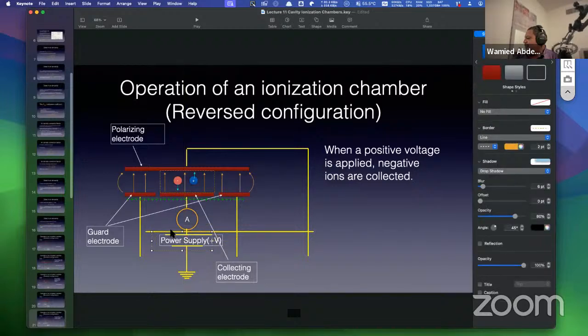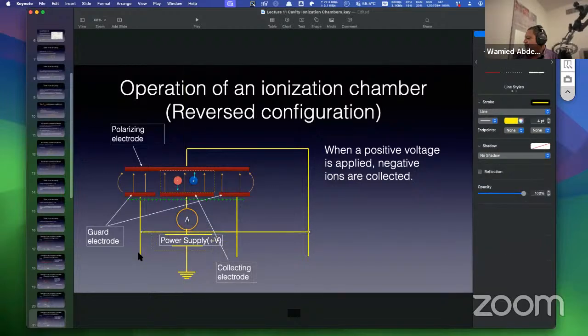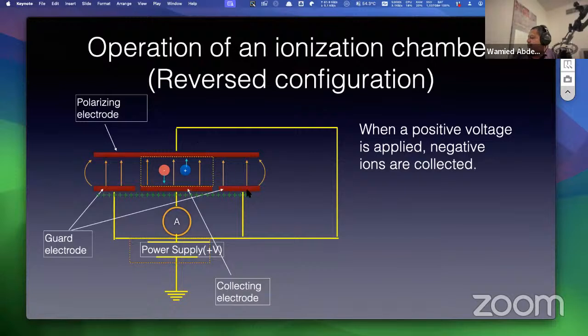That's the correct design of the chamber. Because we need to maintain both the guard electrode and the collecting electrode at the same voltage. So the voltage across these electrodes has to be the same.